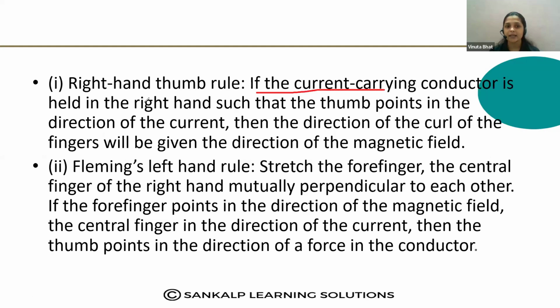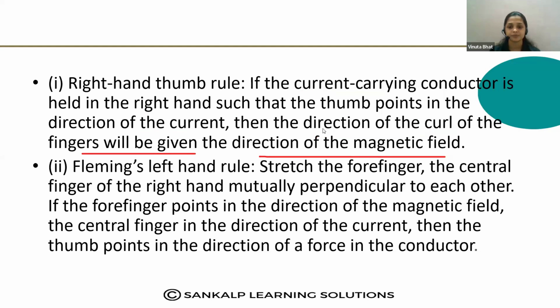If the current carrying conductor is held in the right hand, so already we know this rule, the thumb points in the direction of the current, and the curl of the remaining fingers represents the direction of the magnetic field.